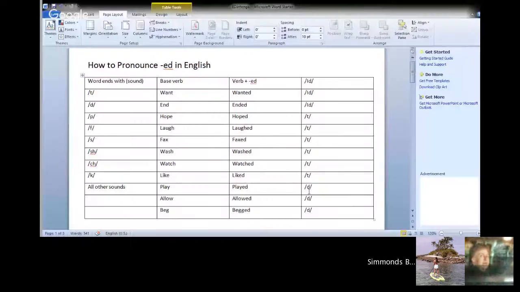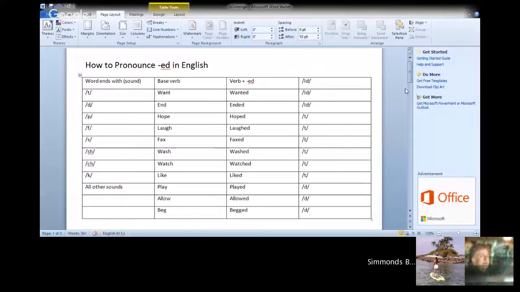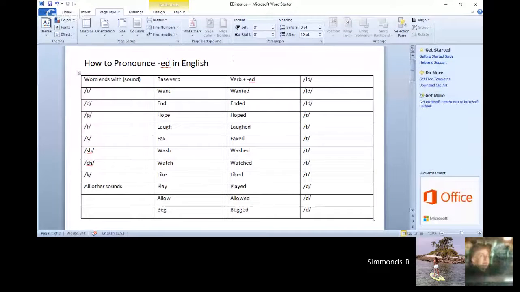Let me just get this set up here, and I'll do my screen share. Okay, great. So now you can see this. All right, so this is a little bit strange. It actually goes across here like this, okay? And so to pronounce the ED in English, why?